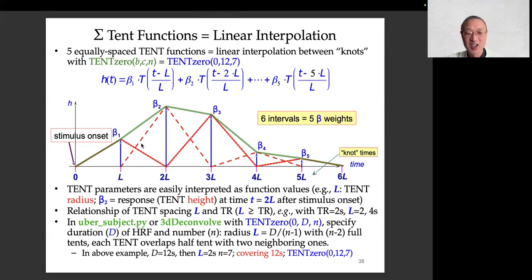Each basis function, each tent, would correspond to one regressor. So in this case, we need 7 regressors. So the design matrix would be much bigger. With 2 tasks, the canonical HRF needs 2 regressors, but using this would need 14 regressors. So the modeling process would be more complex.